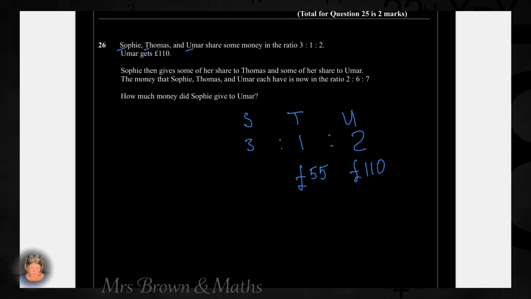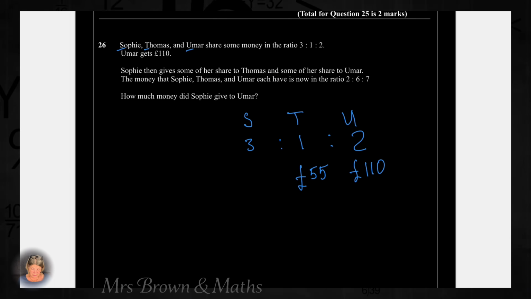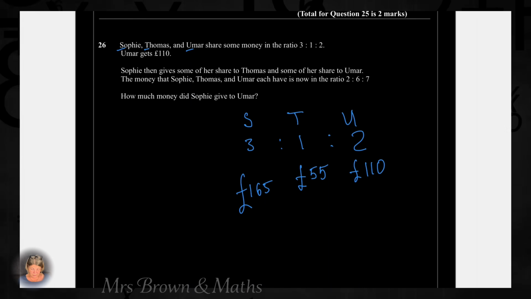So Sophie has 3 parts. So 55 times 3 will be 165 pounds. Right. So what would be the total?